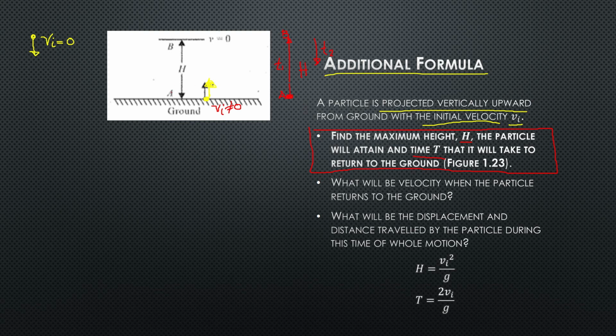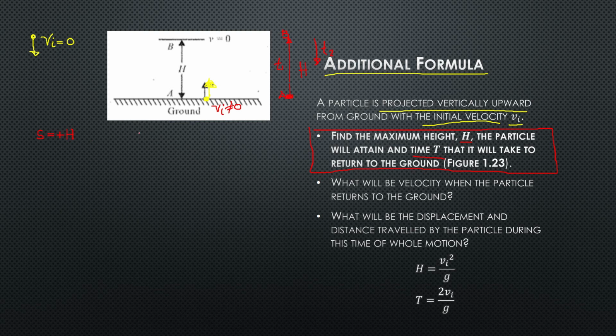Based on this figure, initial velocity is vi. Since the final position is above the initial position, the value of s will be equal to positive height, based on sign convention.